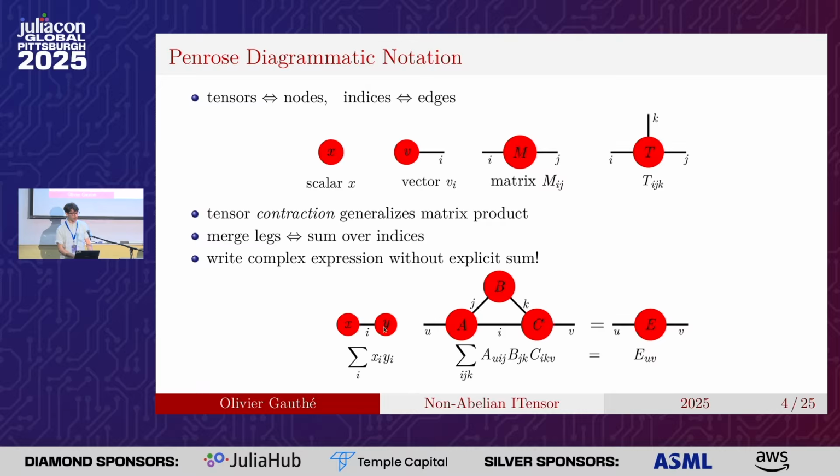So these are two vectors x and y, because I have one leg that I index with i, and when I share the leg, it means I'm summing over it. Now the output has no index left, so that's a scalar, which I can see clearly because there is no leg in my diagram. And I can write quite complex expressions like this, and easily see that the output is a matrix because it has two axes.